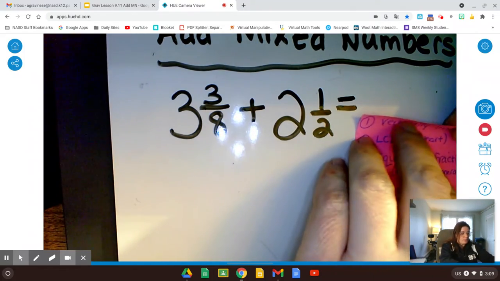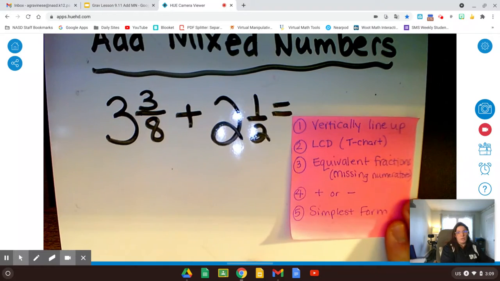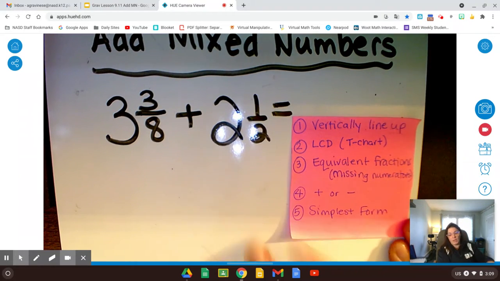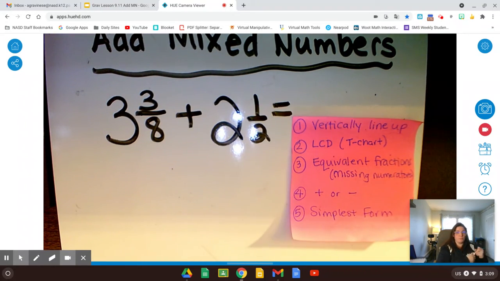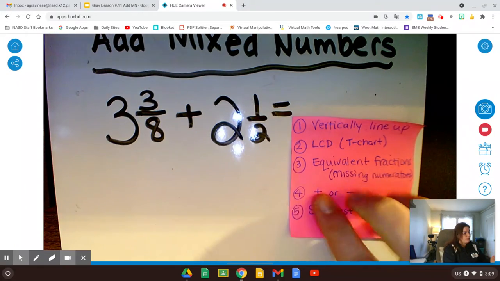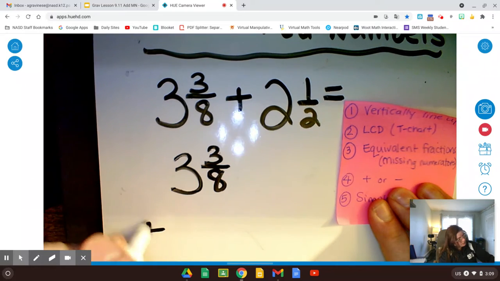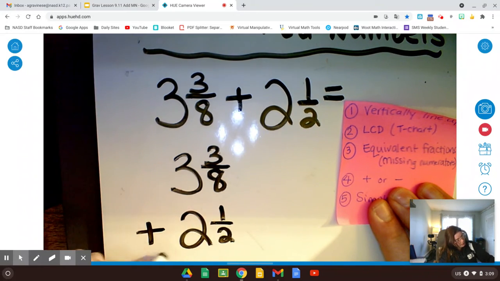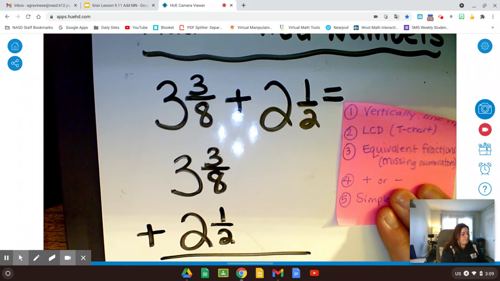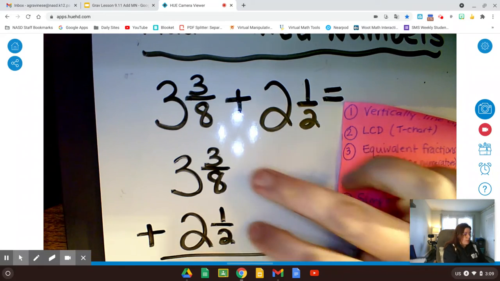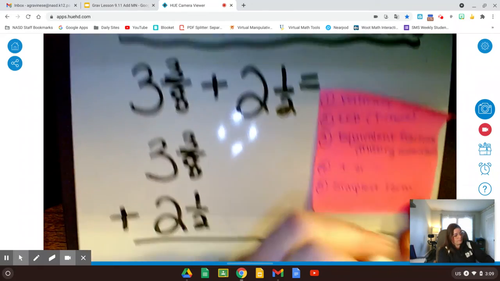And here comes that pink sticky that you see me use in class all the time. My 5 steps when I have unlike fractions. First, I'm going to vertically line up my problem. 3 3/8 plus 2 1/2. I still need to find my common denominator using a T-chart.